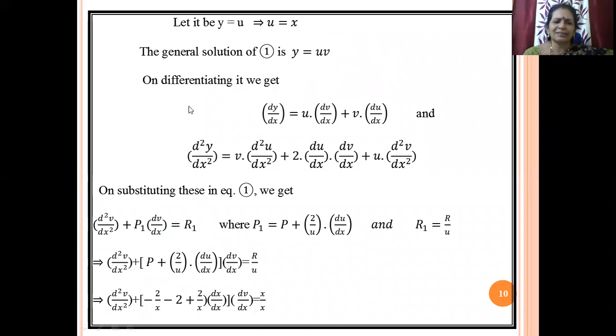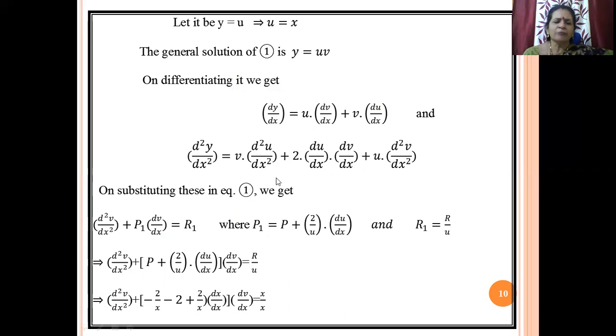Now what is the next step? Differentiate the general solution with respect to x, and we get this equation. Differentiate again to get the second equation.